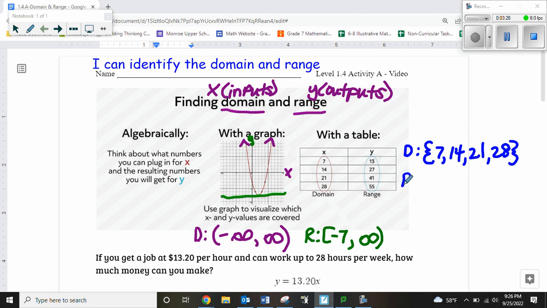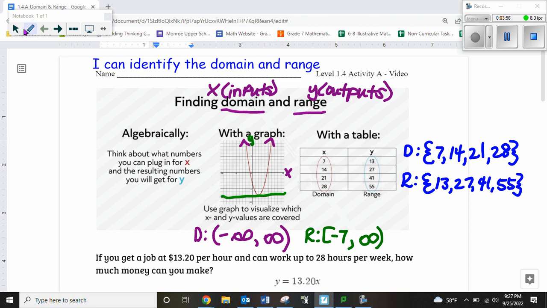And then for the range, you would list the numbers, that's just your y values. So again, the domain is your x values listed out. Your range is your y values: 13, 27, 41, 55. So there's different ways of representing the domain and range. This is called interval notation, and then this is just a list of the numbers.